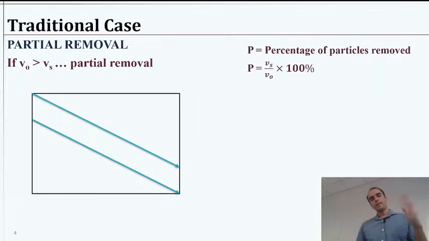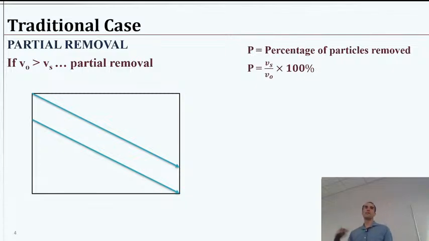Okay, here's the slide I thought I was going to show you. We already covered this, but I'll just stop here a moment to say, here it is again, nicely drawn. That percentage P, the percentage of particles removed, is Vs divided by V naught times 100%. This also means if we know some fraction that was removed, we can go back and calculate, oh, what's the design velocity then?